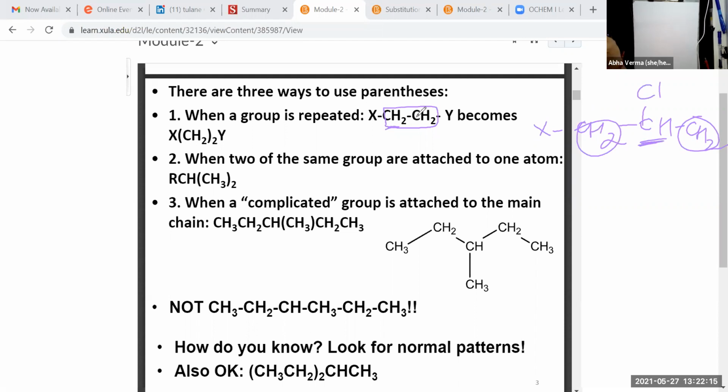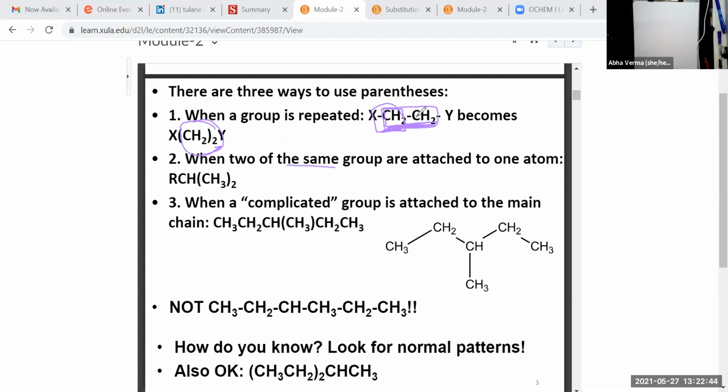There is a difference here, unless there is symmetry. But just remember that all the repeating units have to be together. So when a group is repeated consecutively, you can use parentheses for that moiety or group, and then write in subscripts how many times it was repeated.